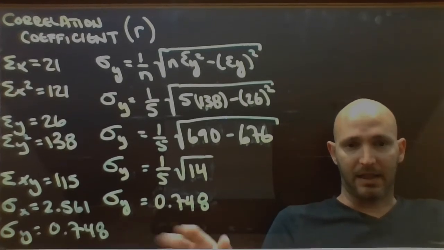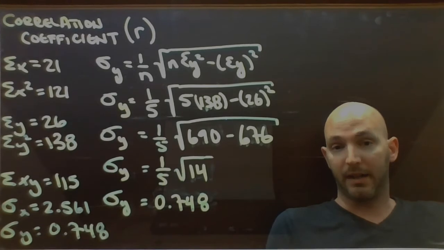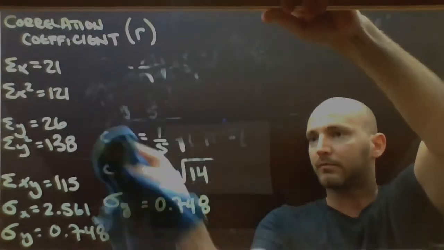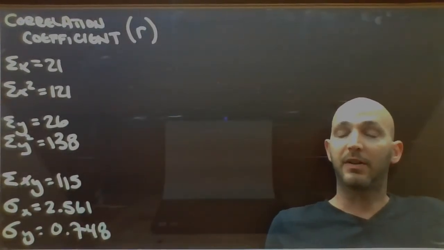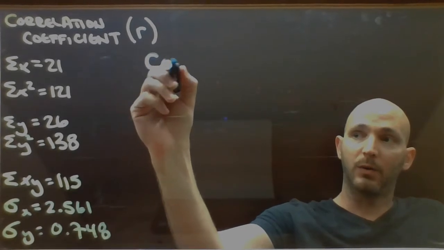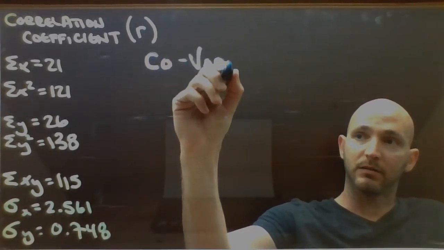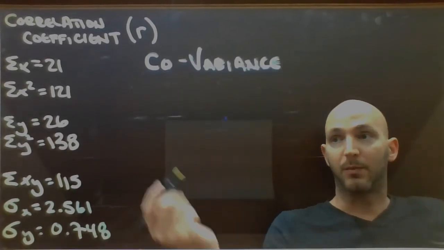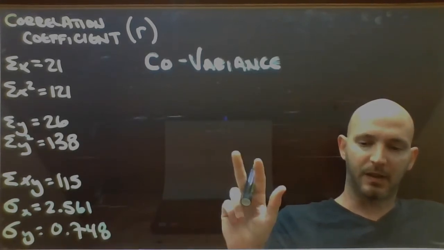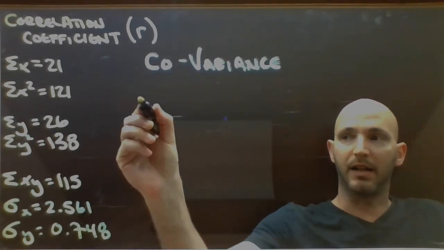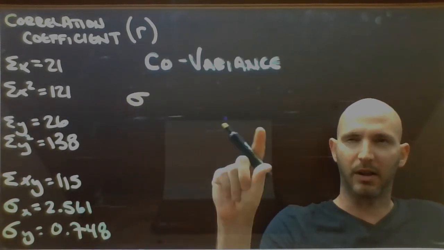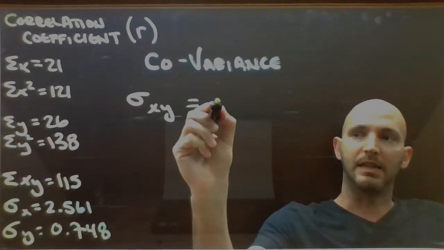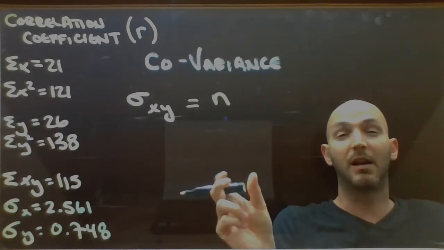Now that I have those things done, I need to calculate what's called the covariance, and it has its own formula, and it's going to need some space, so I'm going to make some. So to calculate this thing called the covariance, in order to show that it is a measure of both x and y, I'm going to use the sigma again, because it's talking about spread. n is the number of data points, and that means the number of pairs.